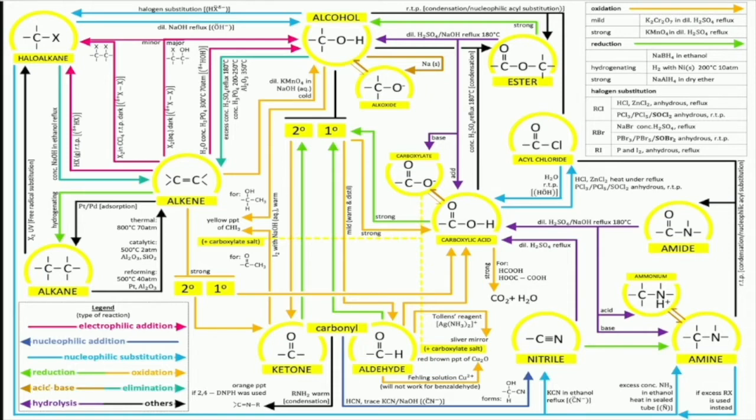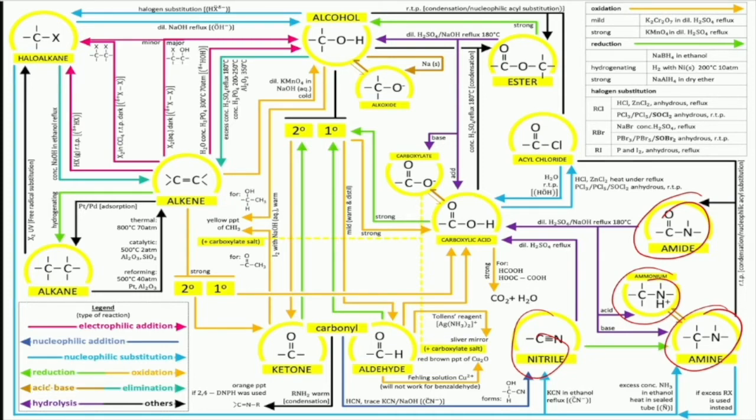However, this mind map does have its advantages. I wouldn't recommend revising off this because it's information overload and there's a lot of information on this page. However, I'd recommend using it, if you get a chance, to know how to make or how to interact between the nitrogenous compounds, which is actually understated in most of the mind maps that you're going to find.